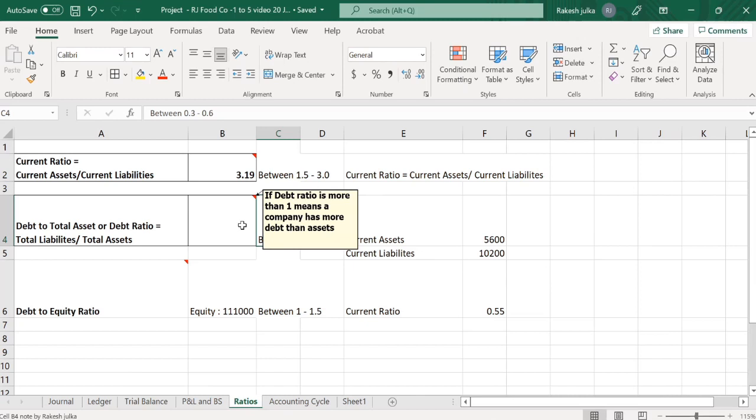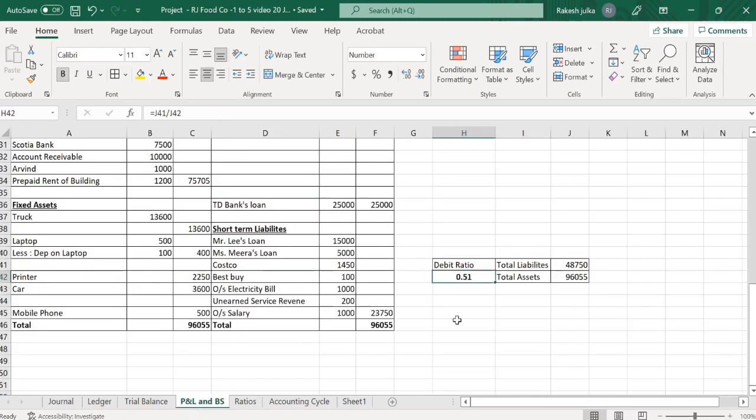If the debt ratio is more than 1, it simply shows that liabilities are more. Very simple, because it is total liabilities divided by total assets. 0.51 shows that we have fewer liabilities and more assets. So this is for the debt ratio.